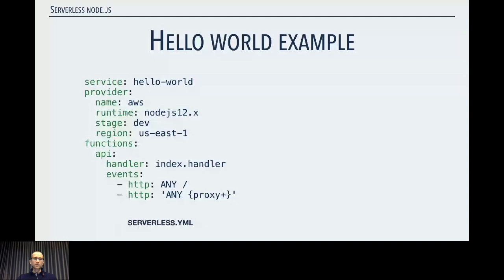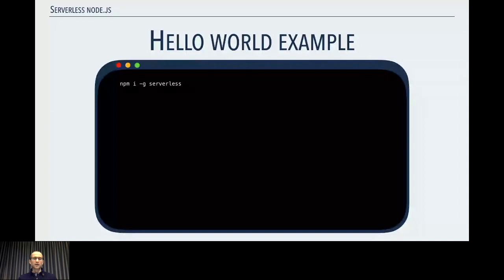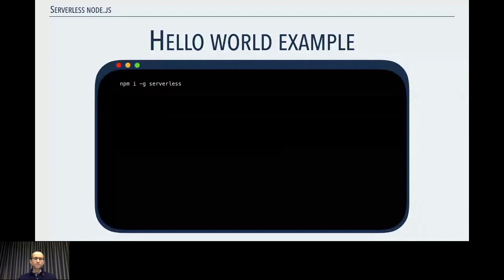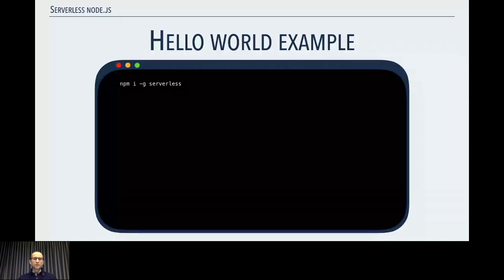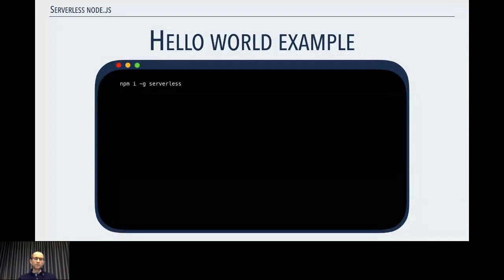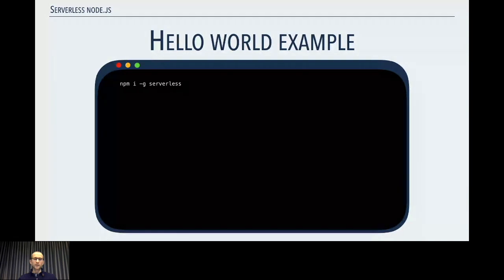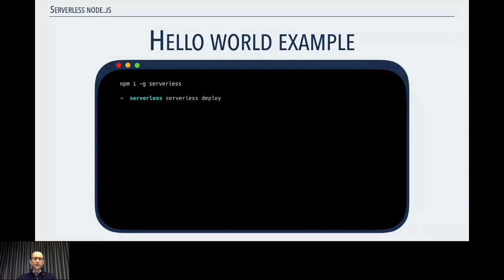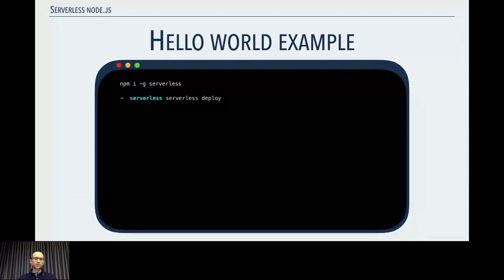And once we are ready with our code, we can install the serverless NPM package. Once it's installed, we need to authenticate with AWS using their CLI. It won't be covered on this slide, but it's needed. And once we are ready, we just need to trigger a deploy.